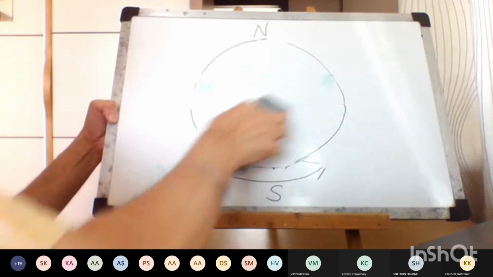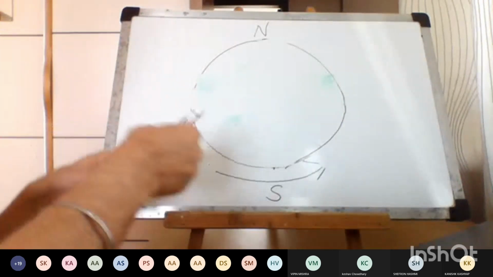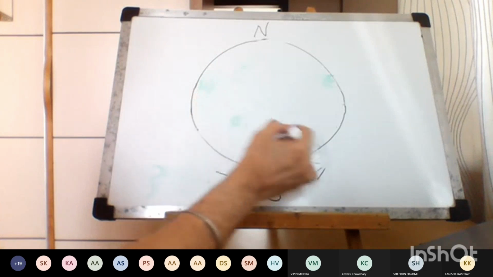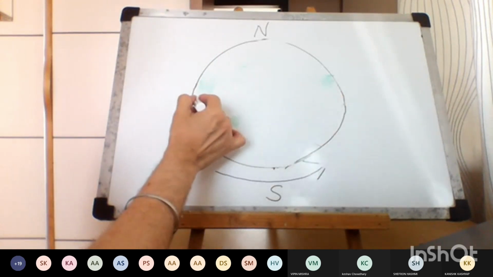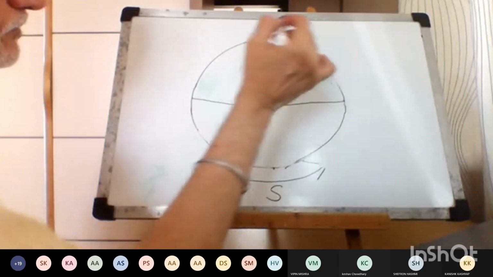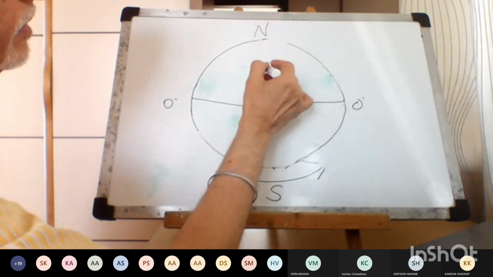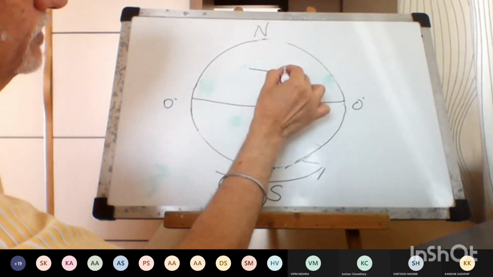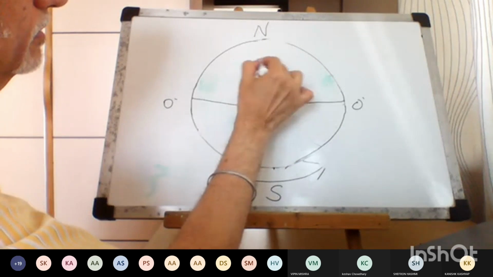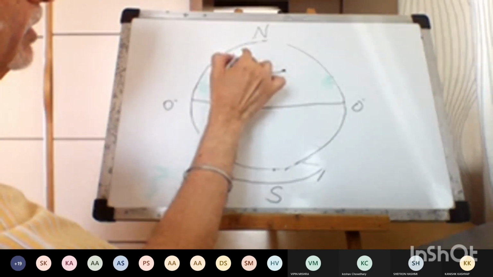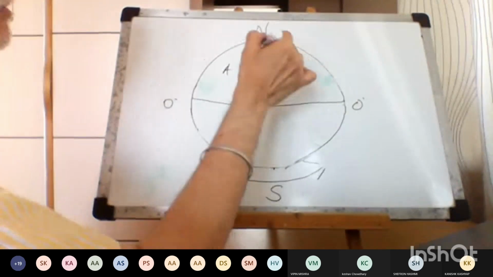This green is not good. Okay. Equator. Let's say someone has to go from point A to point B.